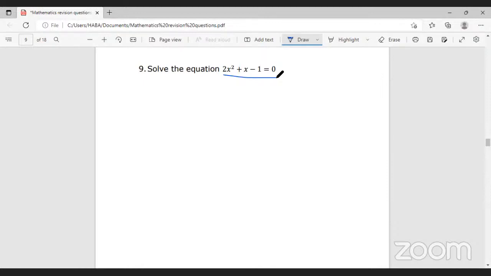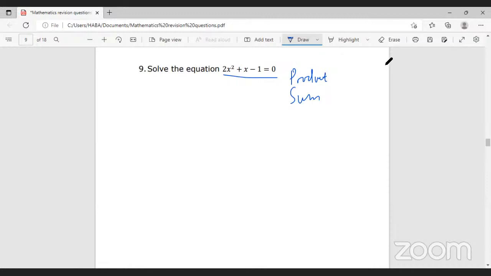We first look for the product and sum. Okay, product and sum. So which product? So product and sum of what?